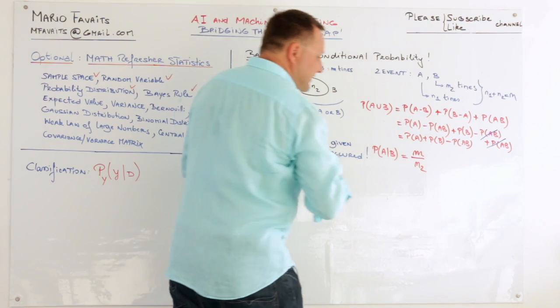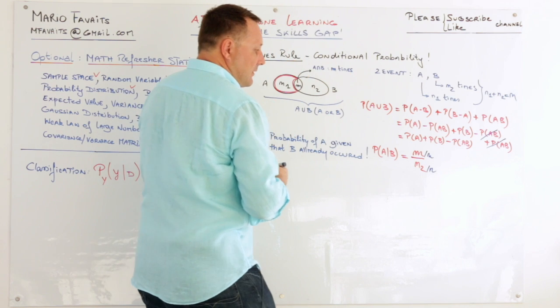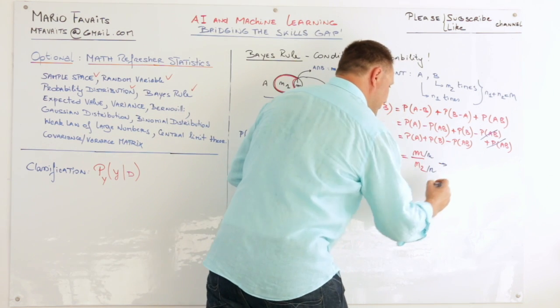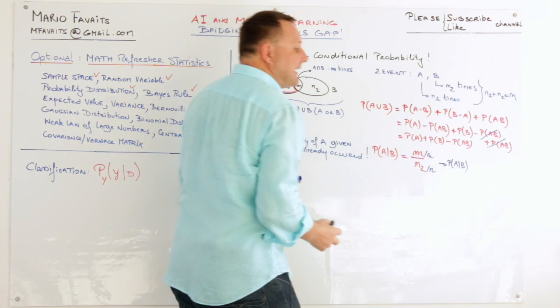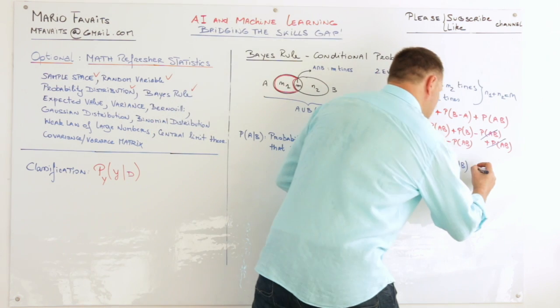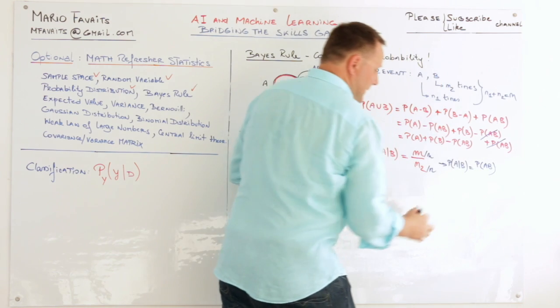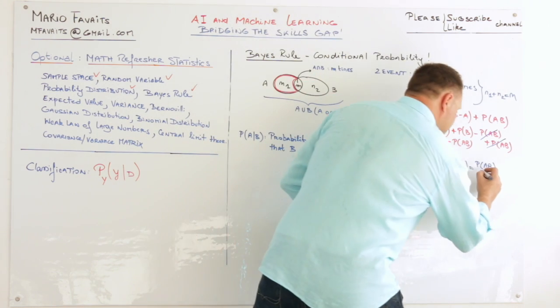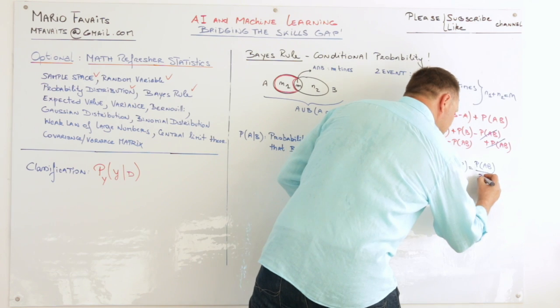So let's now divide both by n. What we then get is that P(A|B) equals P(AB), that is m divided by n, divided by n2 over n, which is the probability of B.